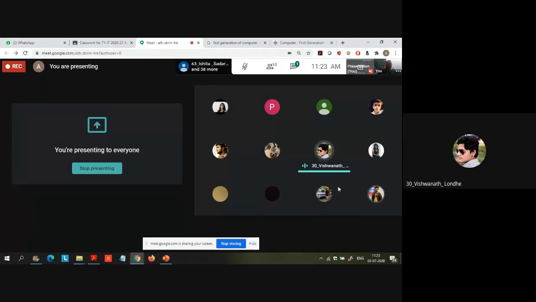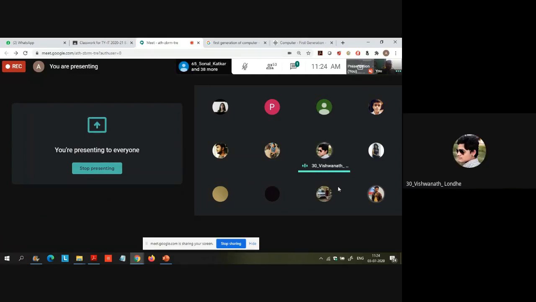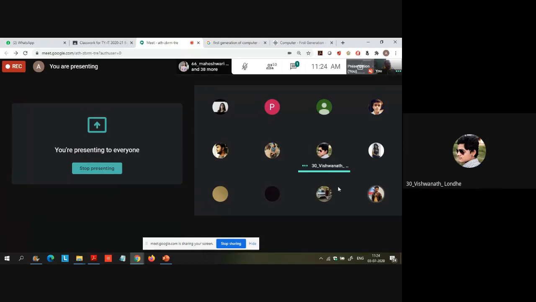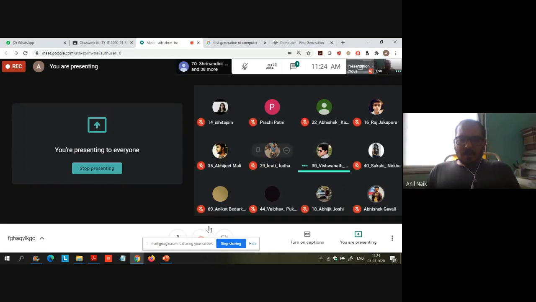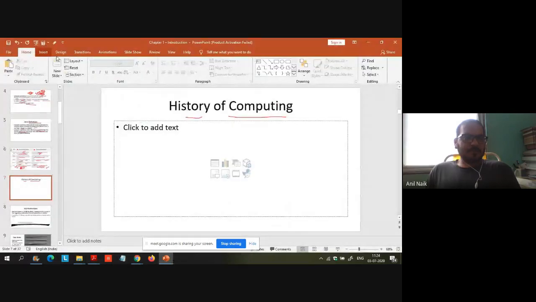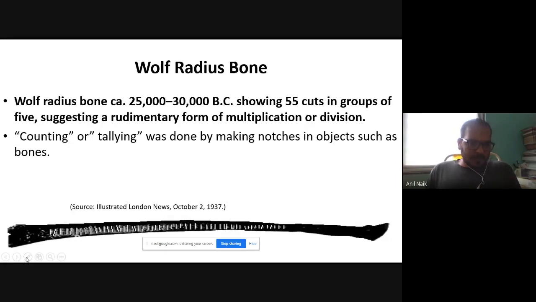Yes, sir, mobiles, microcontrollers. No, history means in the early generation. Supercomputers, sir. Yes, supercomputers. Even nowadays we use supercomputers with a high configuration. Okay, we'll go through the history of computers, just go through the slide.